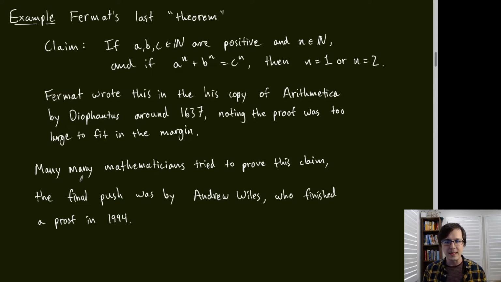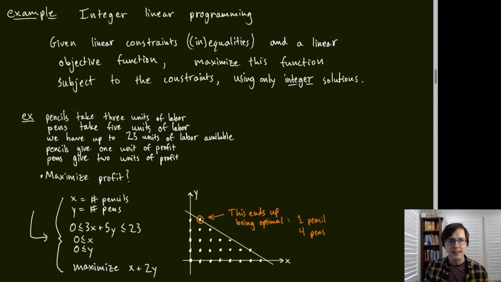It was only in 1994 that a full proof actually did get written down by Andrew Wiles, building on a whole lot of other work and some very deep number theory. Okay, so those are two examples so far.